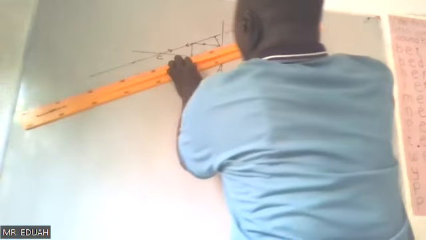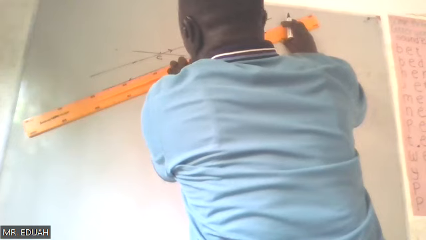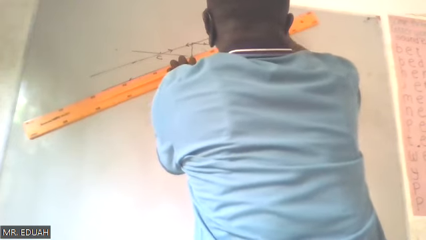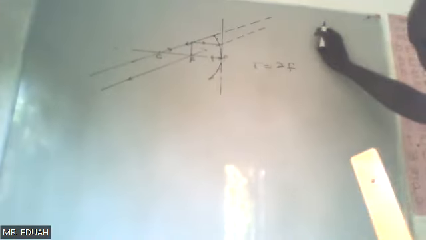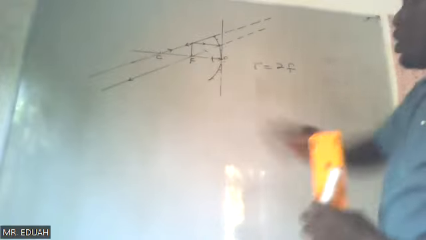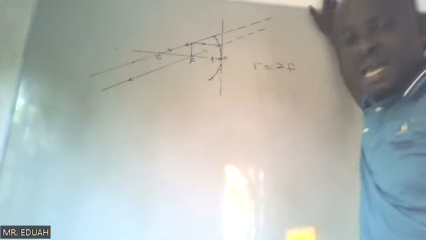When we trace it back, the rays should never meet. The rays should not meet in front, neither should they meet at the back.